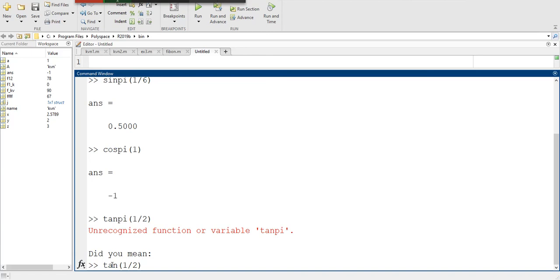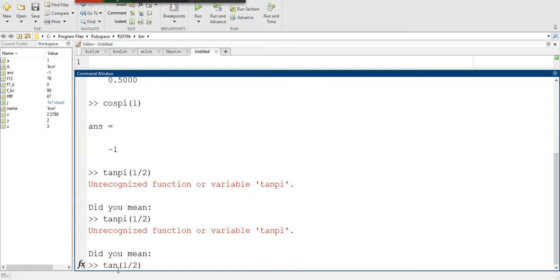That's why you will get some unrecognized result. I will write again here: tan pi by 2 is infinity.